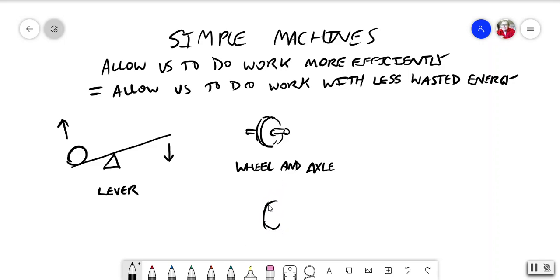But we talked about the pulley last time. A pulley has a little groove where the rope goes through. But what is the pulley itself? It's just a wheel. There's an axle. It's not as long as on perhaps a car's wheel.